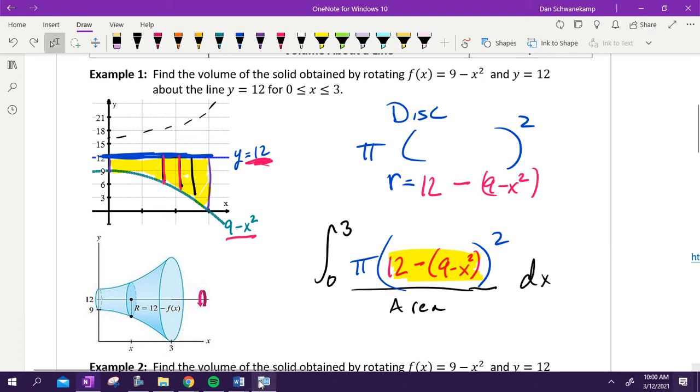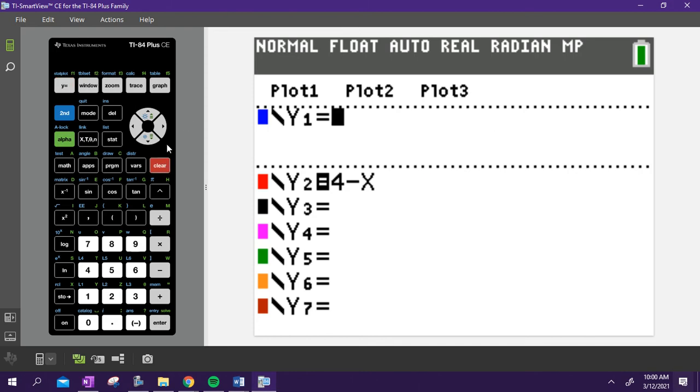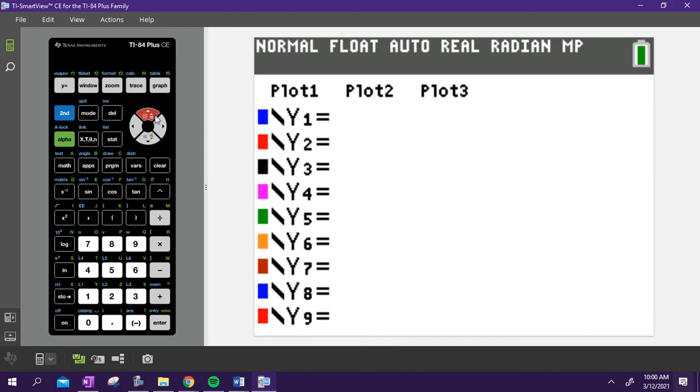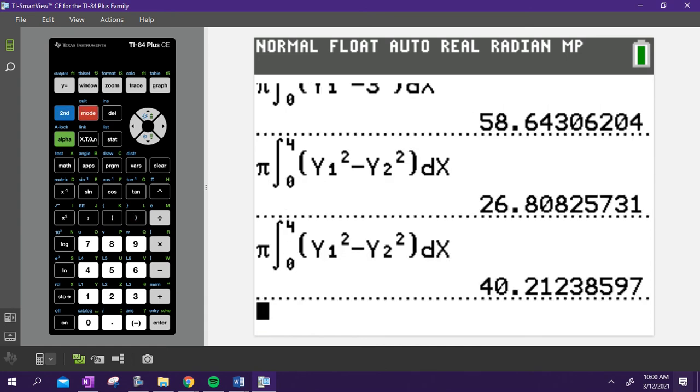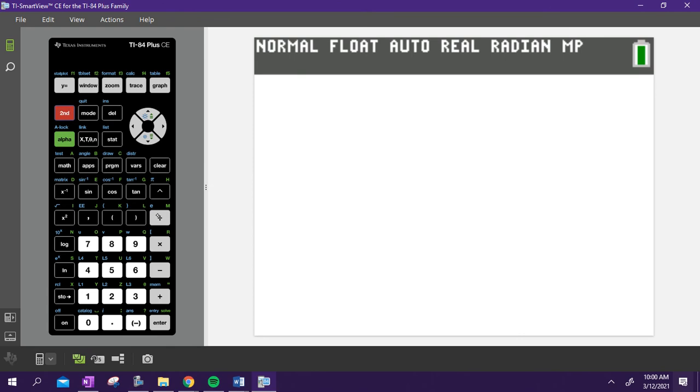Or I think the easier thing is doing this. What I'm going to do first is go to y1, and for y1, I'm going to type in my radius, 12 minus parentheses 9 minus x squared. You don't have to do this, but it's going to make it way cleaner to type in here in a second. So once I've got that, then all I have to do is go pi.